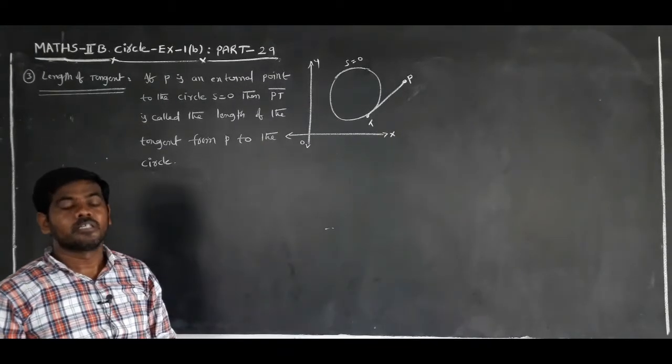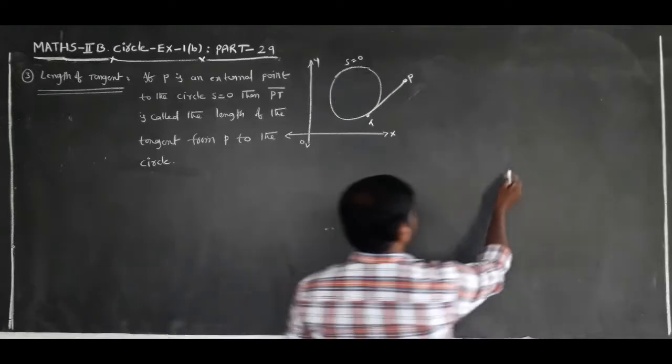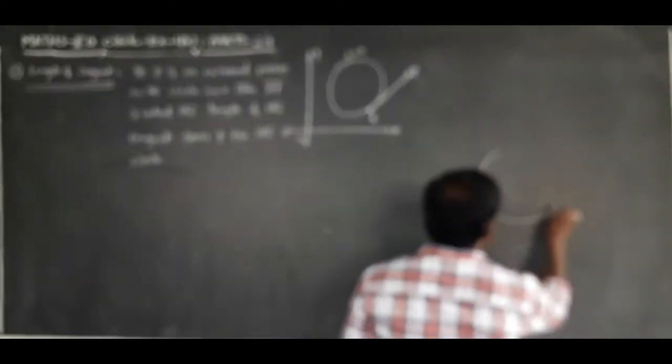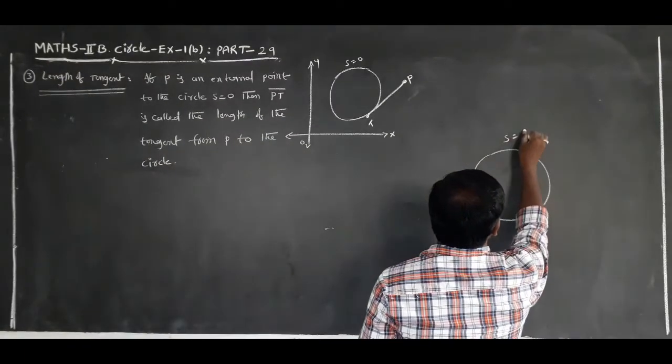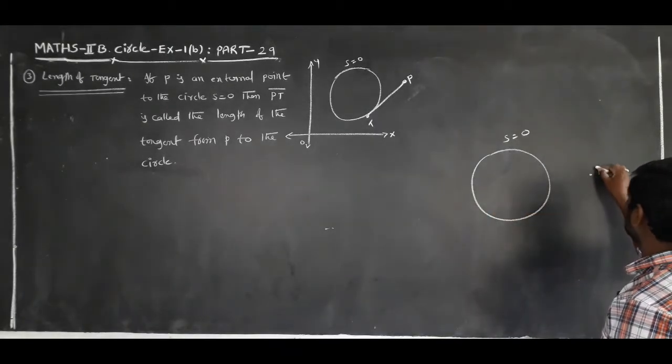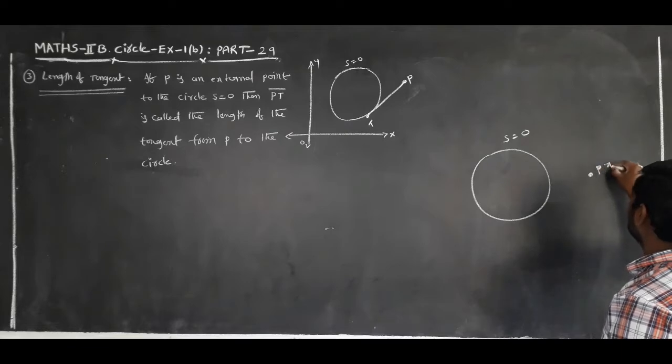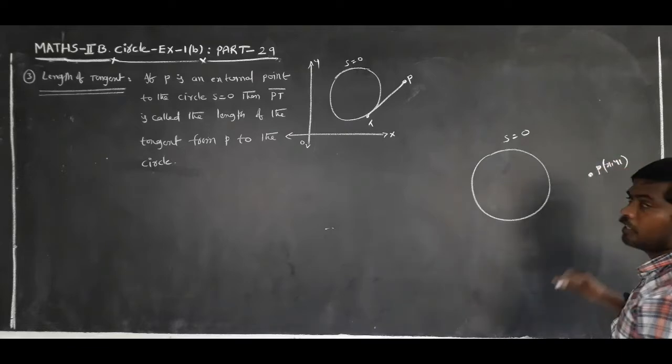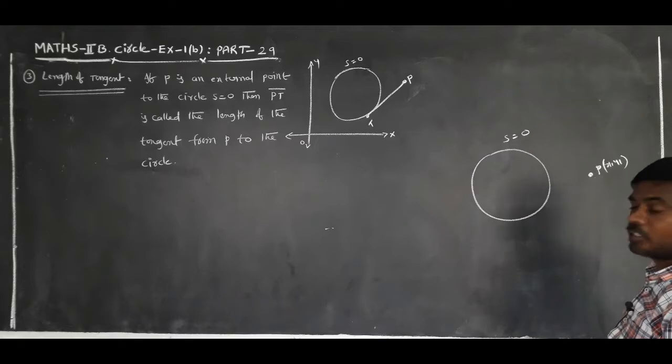This is the equation of the circle, S equal to 0, and P(x1, y1) be a point exterior to the circle.